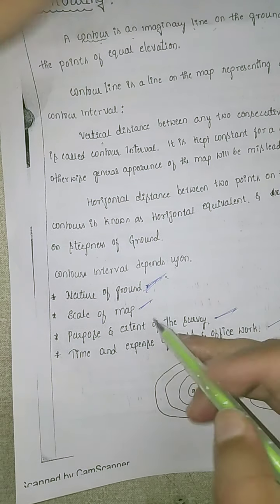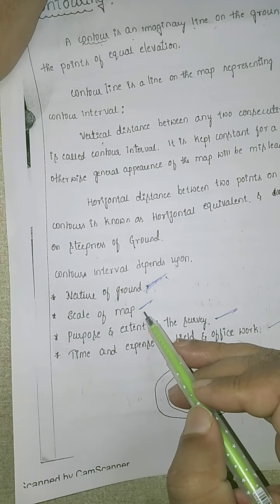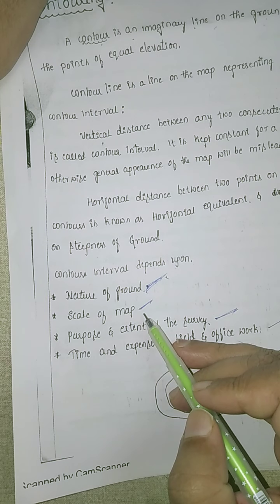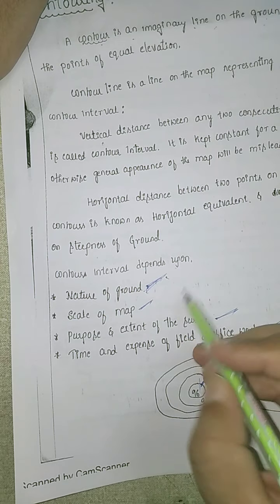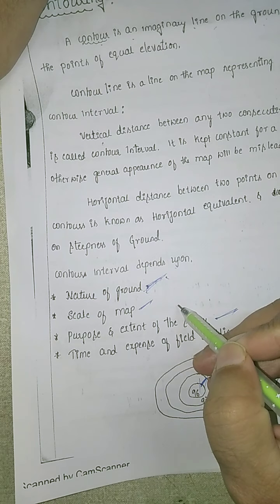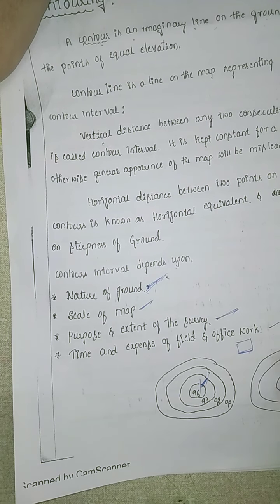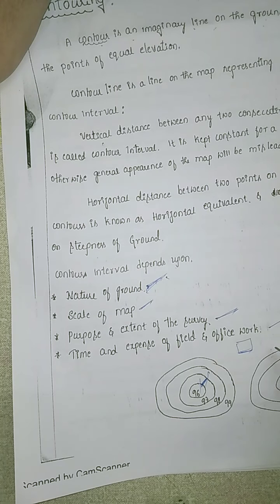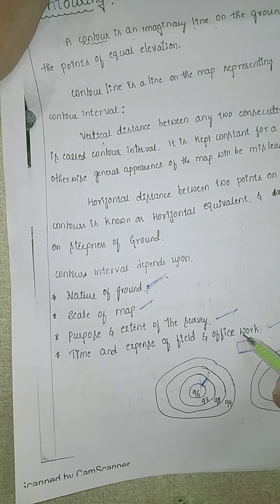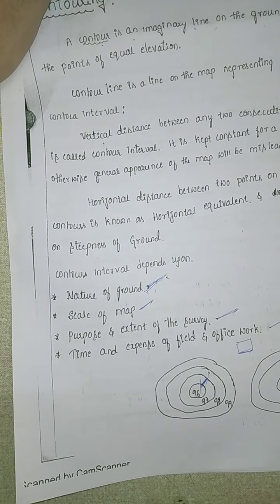Then the scale of the map. The contour interval should be inversely proportional to the scale.